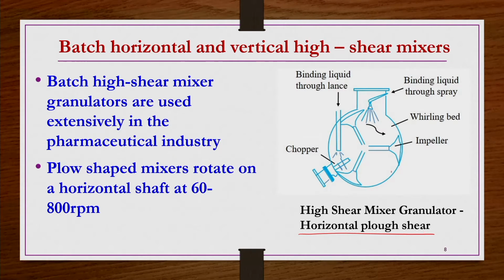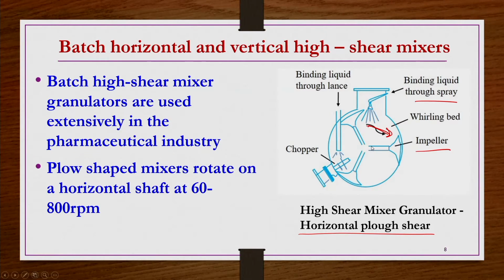Here we have a container in batch mode, where we can take the binding liquid through two different sections. If you want to spray, you can take it from here, otherwise if you want to take the binding liquid through a lance, it comes here. Inside this equipment there is an impeller, and that impeller rotates.